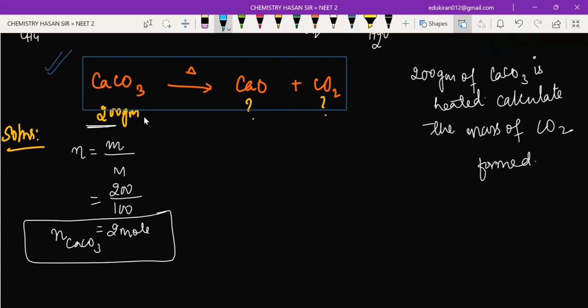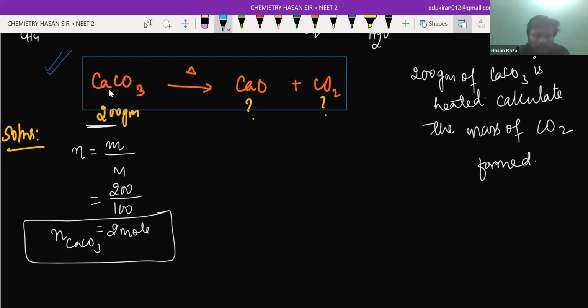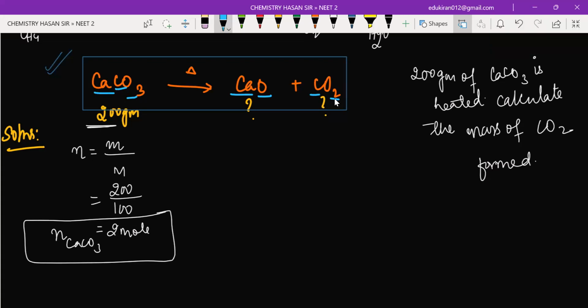Okay, look at this again. Aisha, what about you? Is it balanced? Yes. Rabia, you can see that one calcium on the left hand side, one calcium on the right hand side, one carbon on the left hand side, one carbon on the right hand side, three oxygen on the left hand side, one plus two oxygen, three oxygen on the right hand side. Isn't it balanced? Yeah, sir. Very good.